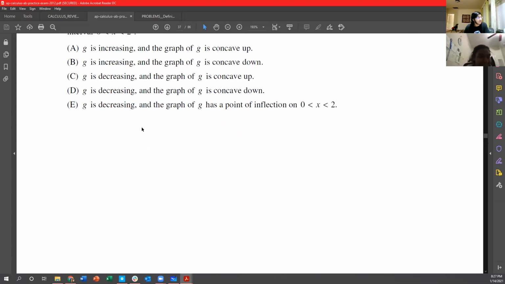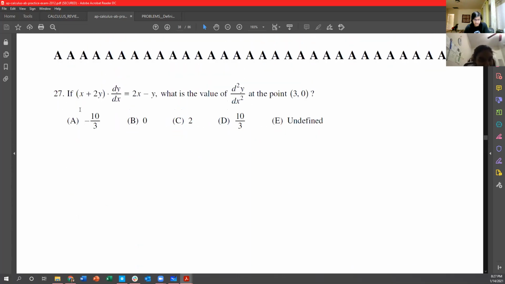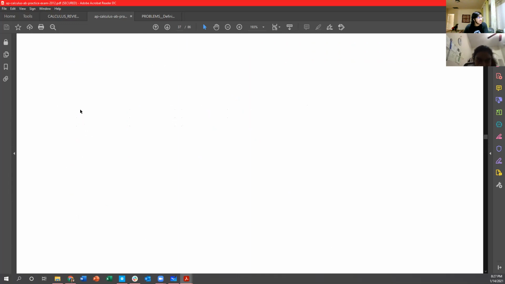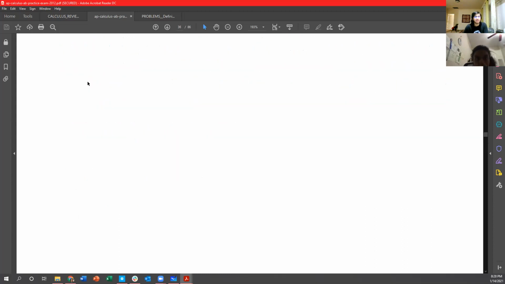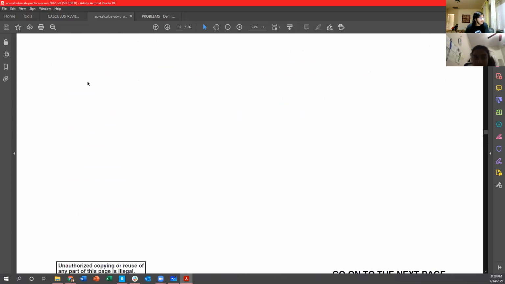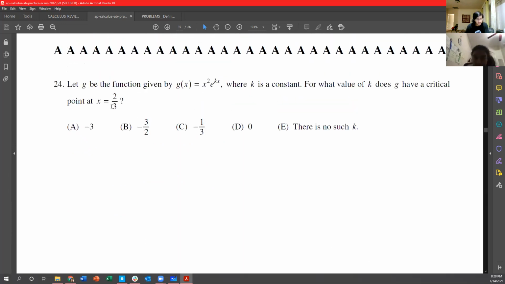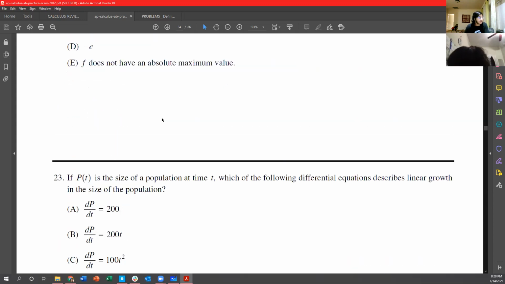I should have 27, yeah, 27 was A, I remember. 26 was also A, I'm pretty sure, because we made that argument about it being positive. 25 we had already done, which is E. And 24 is A. Okay, good. 23 we had done previously based on it being linear.